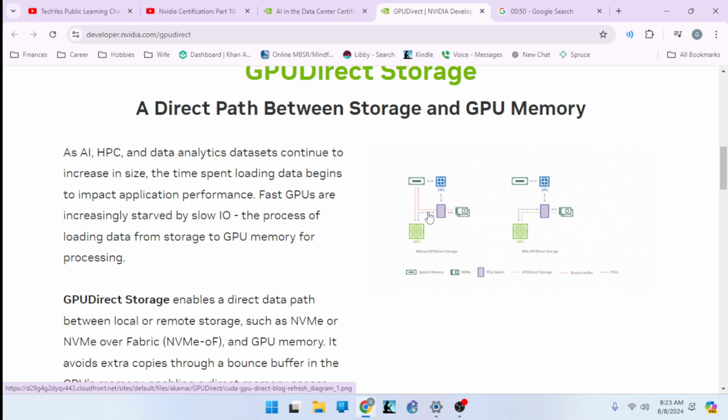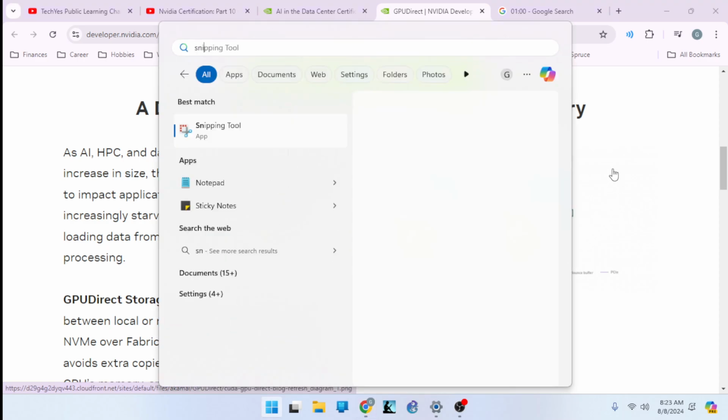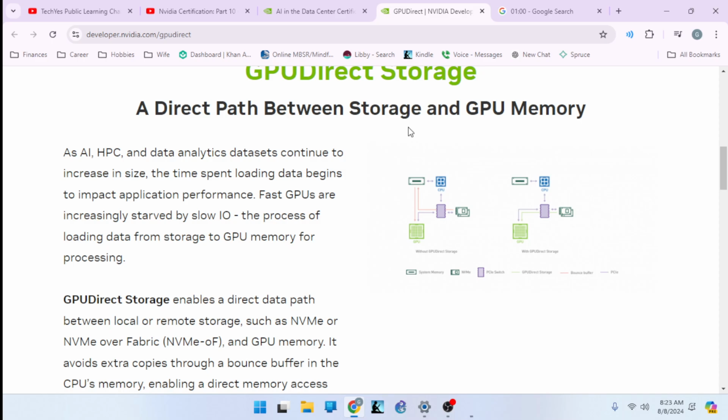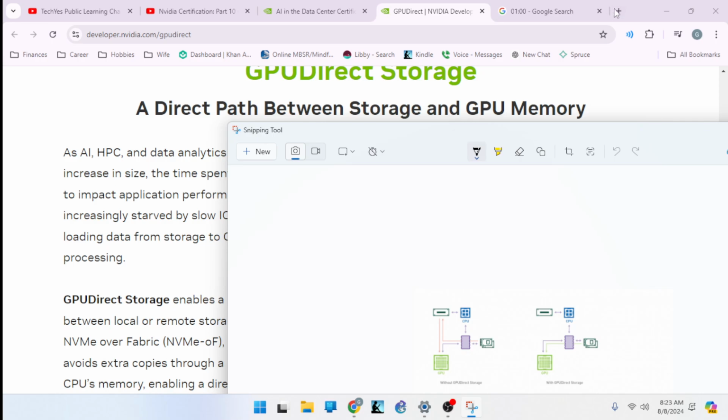So we can see there's extra communication. It's not direct, right? So there's extra communication to the system memory, requiring this bounce buffer. But with it, you don't need the bounce buffer at all. So let's get some more information about this from ChatGPT, because I'm not familiar with what a bounce buffer is. It sounds like it could be relevant.